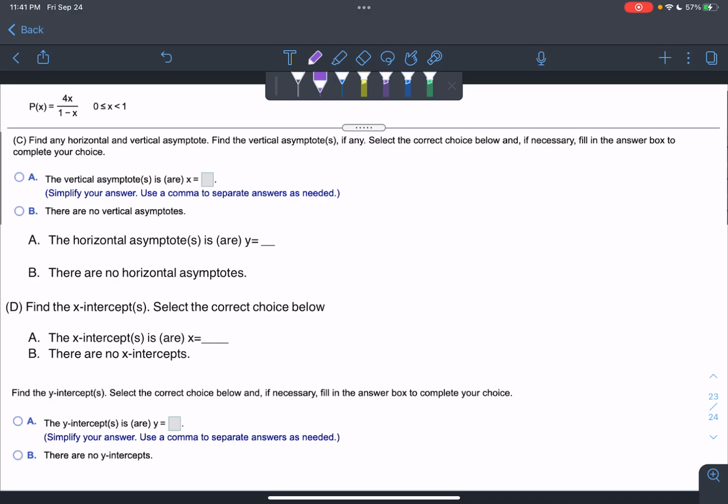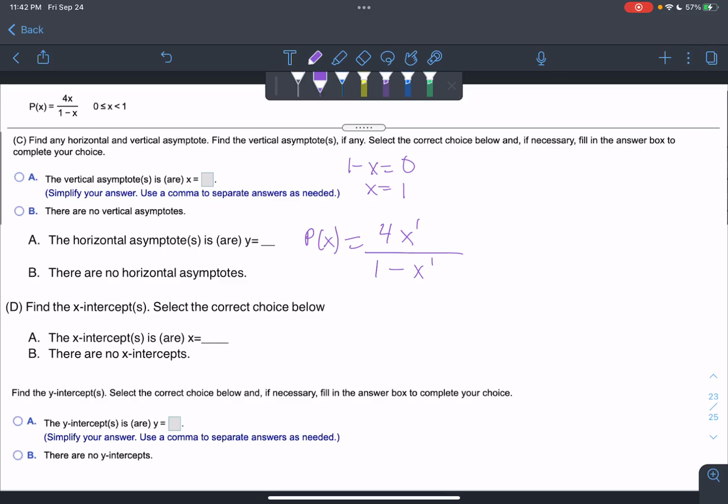So vertical asymptotes, that's when you solve where the denominator is equal to 0. So x equals 1. Okay, so now for horizontal asymptotes, we look at the degree of our function, p of x. The degree of the top is just 1, and 1 minus x is also 1.